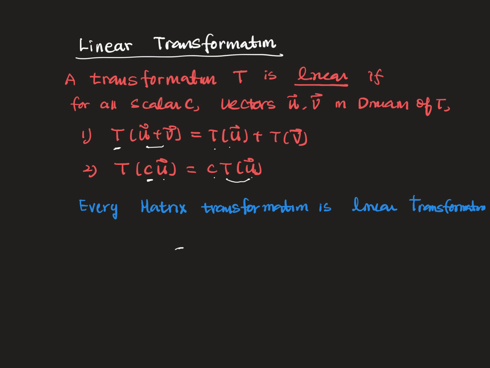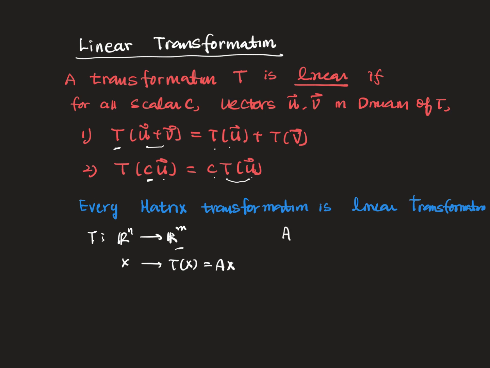So when we talked about matrix transformation in previous videos, every time you have T from Rn to Rm, you define T of x as the matrix A times x. So a matrix transformation is always linear. How do you know that?